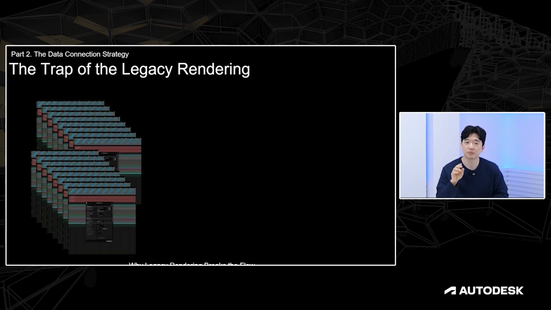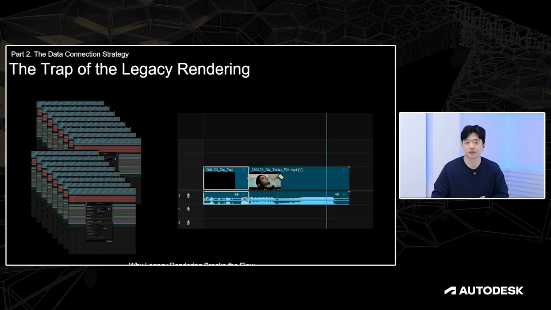Are you still opening the legacy renderer, selecting dozens of shots manually, and rendering them one by one? Or maybe you take the lazy route, rendering the entire master sequence as one long file, bringing it into Premiere, and cutting it apart again manually. Both methods work, but both completely break the circulation.